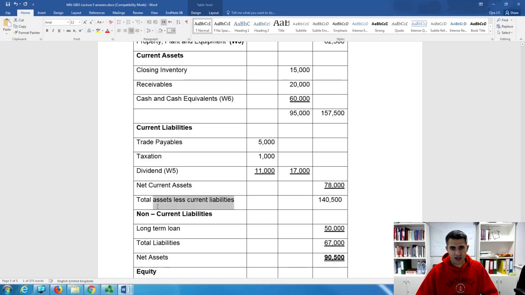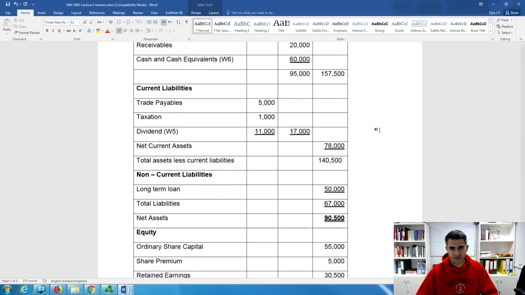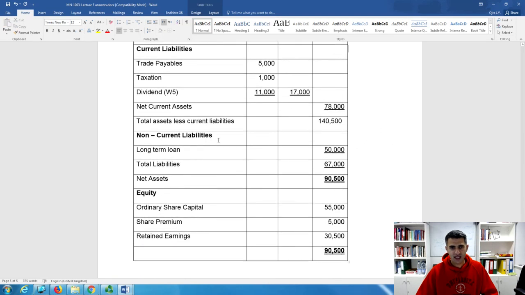Total assets minus current liabilities, so total assets equal 157,500 minus total current liabilities 17,000. Non-current liabilities, we have the long-term loan. If you look at the question and the trial balance, it is 50,000, listed here. And the total liabilities here equal 67,000. Why 67,000?